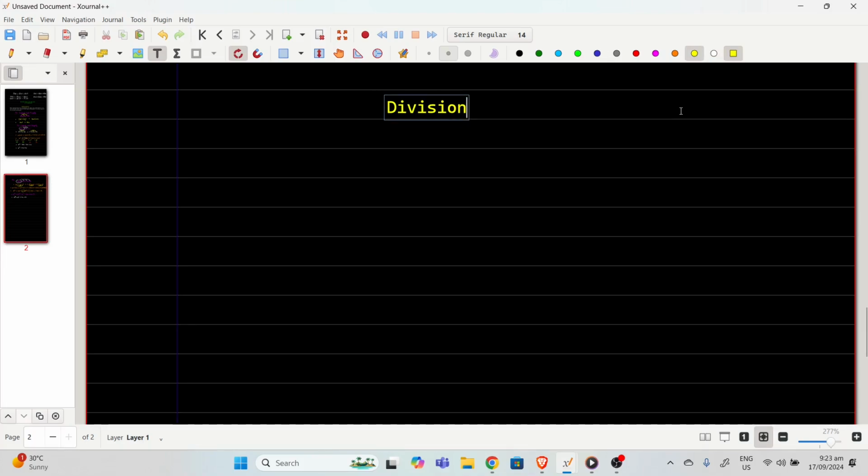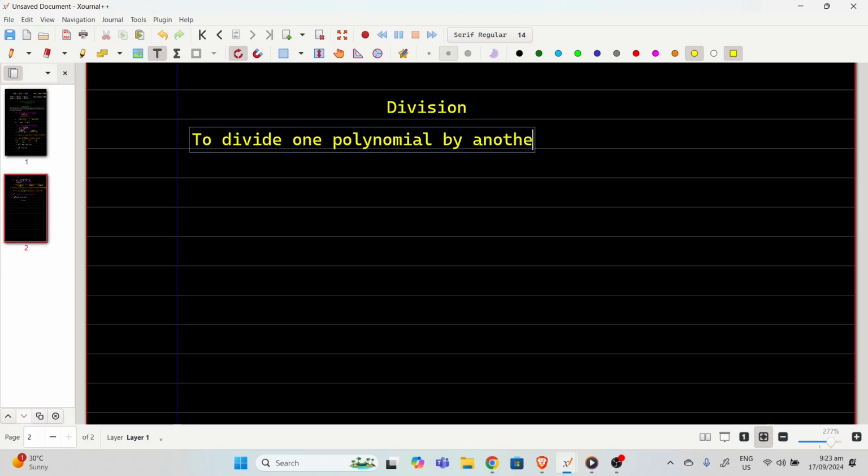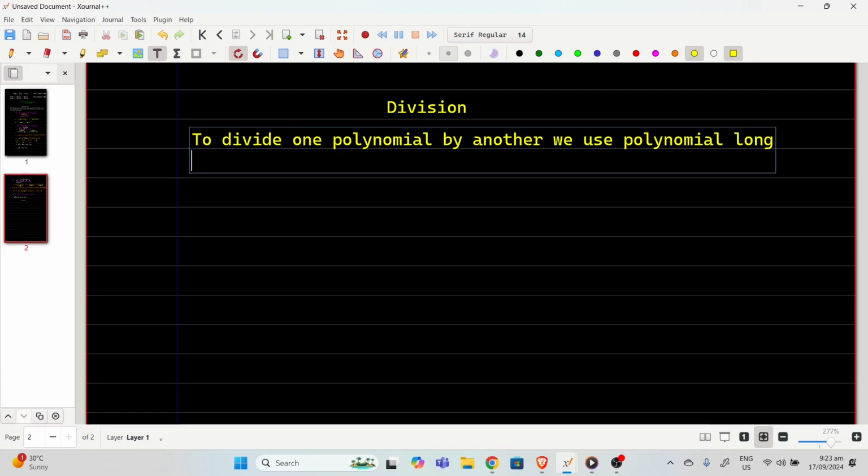Now, division is a little bit more challenging than multiplication because you have a few more rules to follow. Let's give a small note here. To divide one polynomial by another, we use polynomial long division or synthetic division.